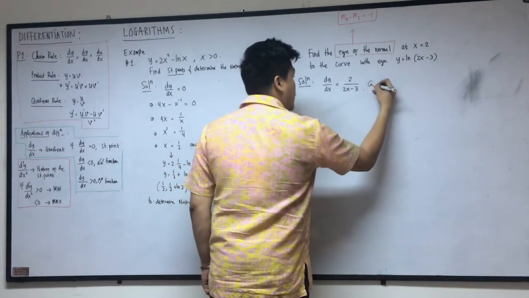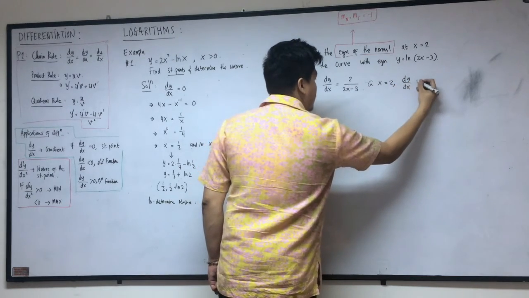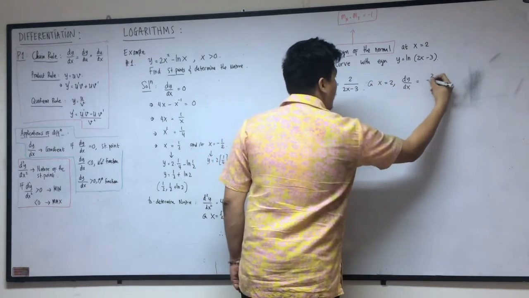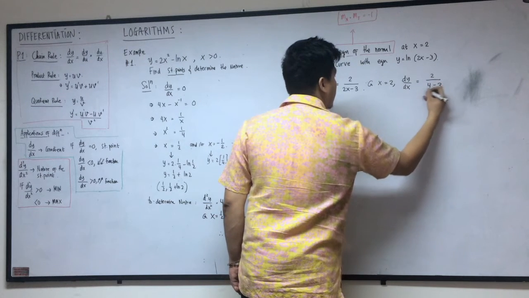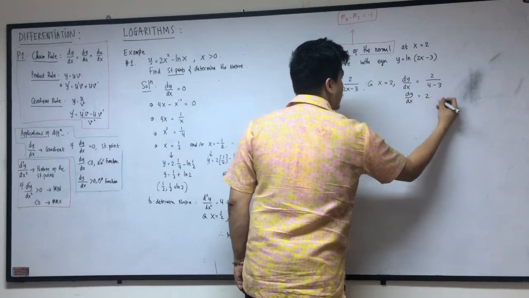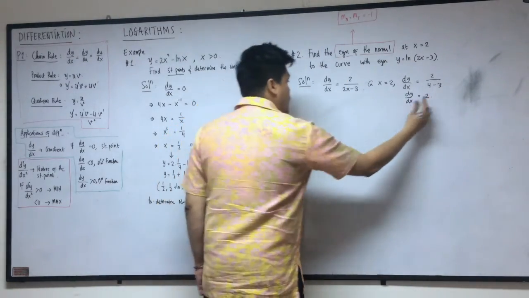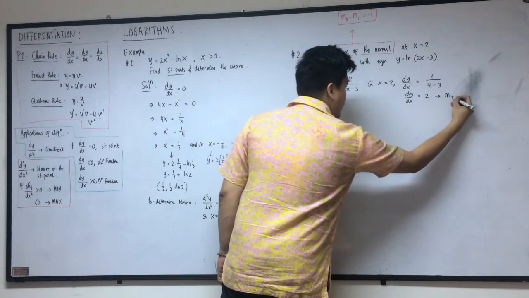At x equals 2, your dy/dx now equals 2 over 4 minus 3, which equals 2. So that's the gradient of your tangent line.